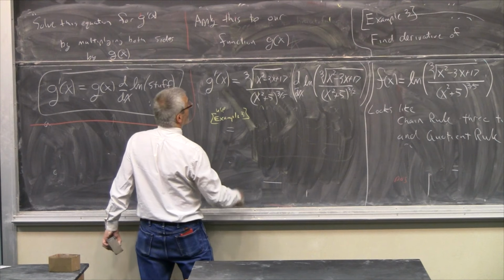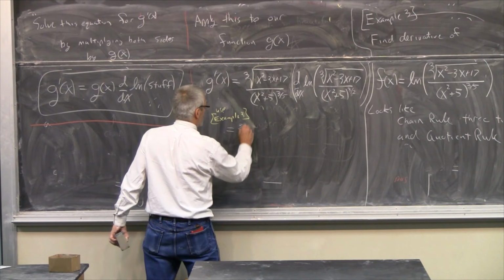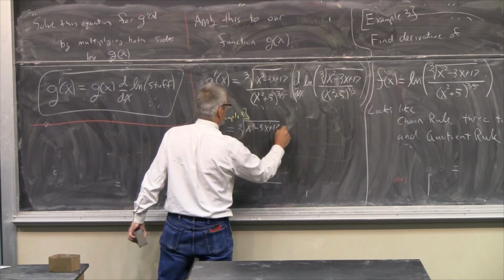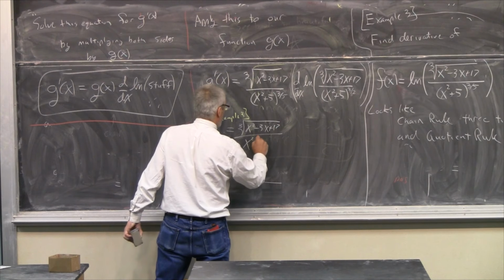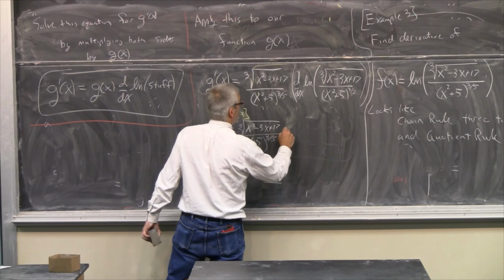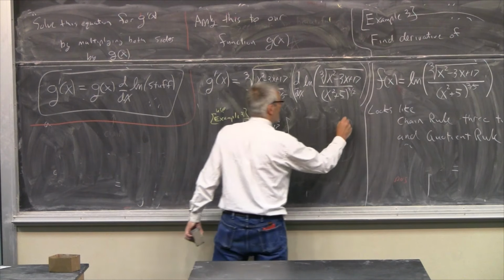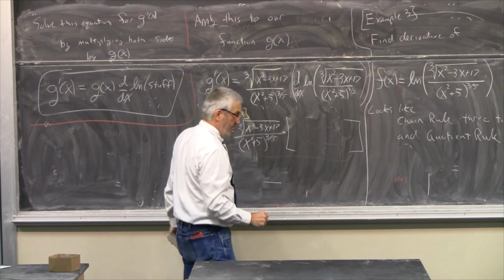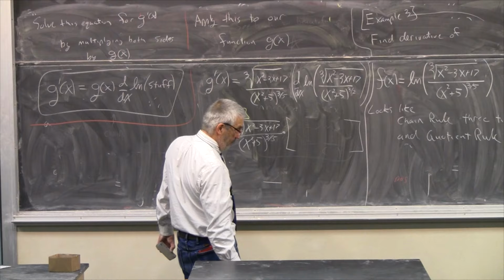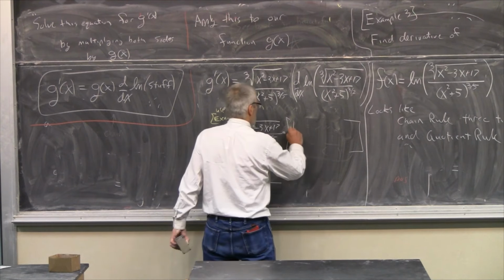So all this stuff is going to be out front. The cube root of x squared minus 3x plus 17 divided by x squared plus 5 to the 3/2 times that stuff. Now I want to be honest here and actually write all this junk out because I just do.